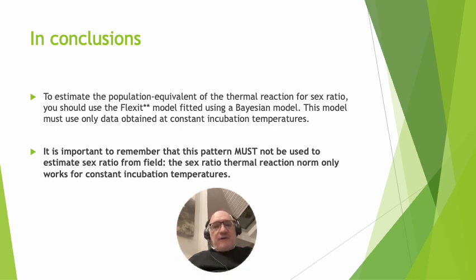It is very important to remember that this pattern must not be used to estimate sex ratio from the field. Even if you estimate the average temperature in your nest, you must not use this thermal reaction norm. It works only for constant incubation temperatures.